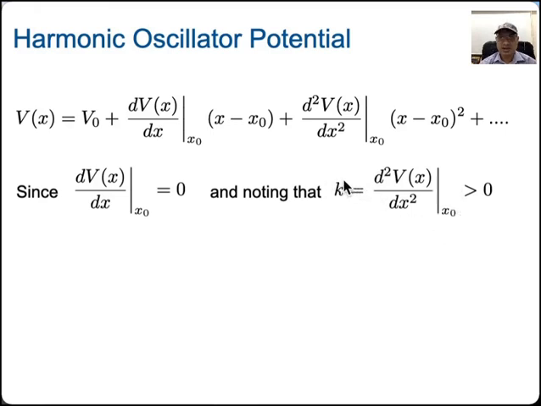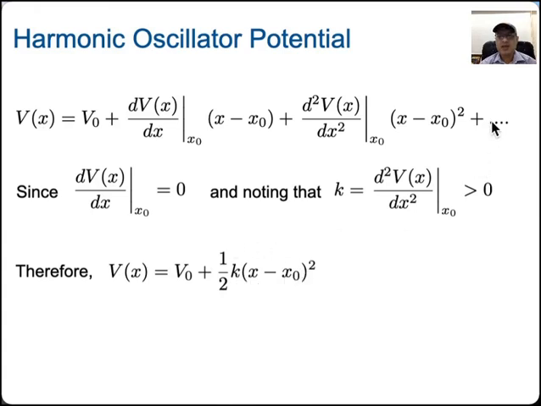So let me rename this value of the double derivative of the potential with respect to position as k. Now I can re-express this Taylor series expansion in the following form, ignoring the higher order terms in the series. So this is what I have obtained.